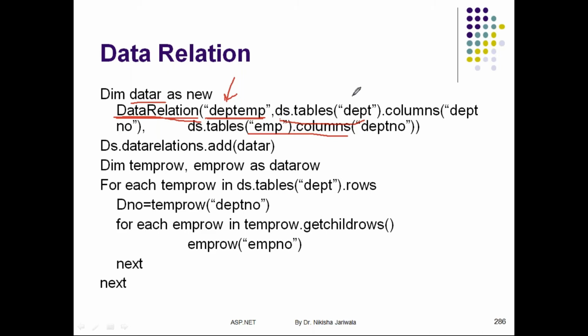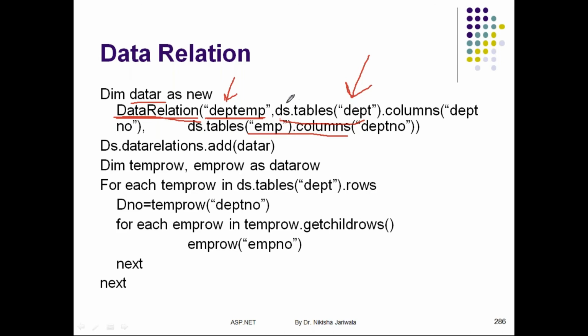After that, the second parameter we need to specify is the table, and from that table the column which is to be considered as the master within the master-child relationship. More precisely, the second parameter will be the master table and its column which is to be considered in this data relation. Obviously, from DEPT and EMP, DEPT will be the master table, and from that I need to use the DEPT-NO column.